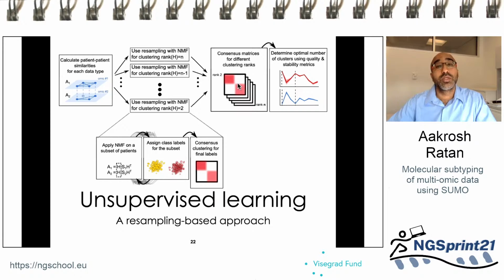So you can use things like the proportion of ambiguously clustered pairs, which we call PAC, and that's again not a novel idea. It's been around for a couple of years now. But you can essentially use the proportion of ambiguously clustered pairs to assign some sort of measure of stability and of your confidence in how well you did in clustering patients in that number of clusters.